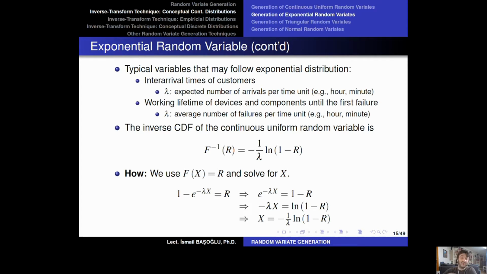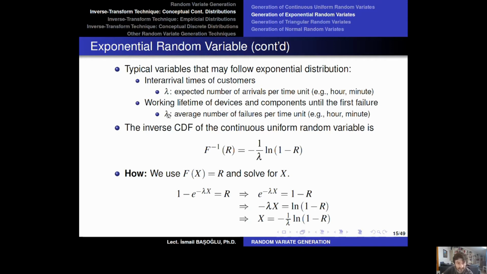Working lifetime of devices and components until the first failure can also be exponentially distributed. For example, imagine you have a computer and you are going to use it until it breaks down, and the time until the first breakdown or the first failure can be exponentially distributed. Again, it's going to be a time measure. So mostly the time between consecutive arrivals or consecutive events, or the time until the first failure, can be exponentially distributed.